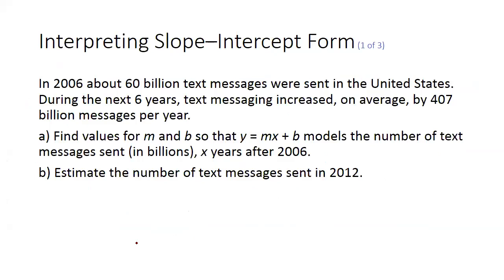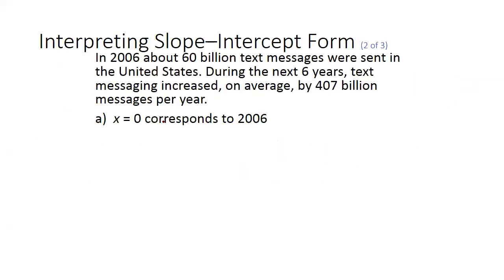So this would be another example where we can use a function y is equal to mx plus b. We want to estimate the number of text messages sent in 2012. So in this case, we let x correspond to 2006, and on the y-axis we have a point (0, 60).